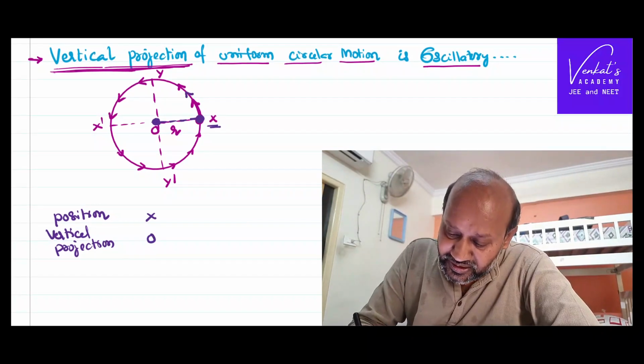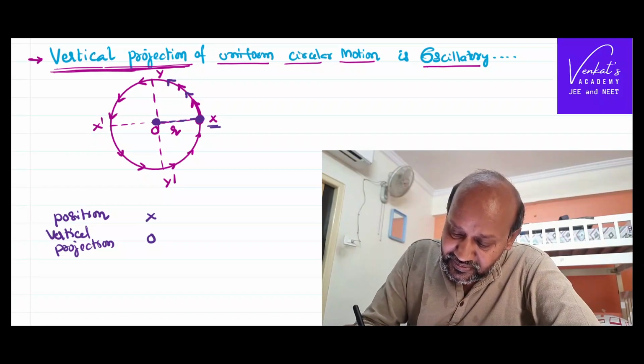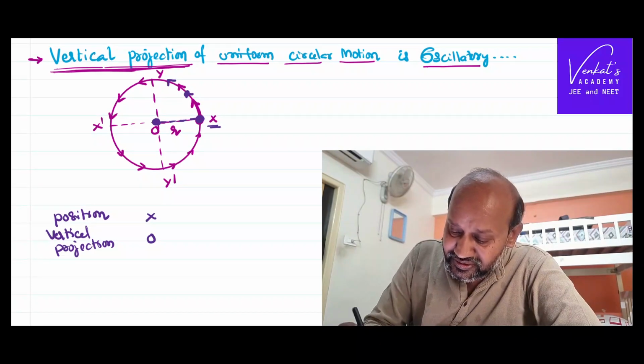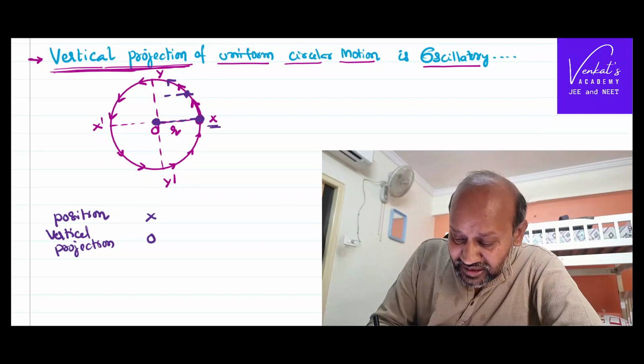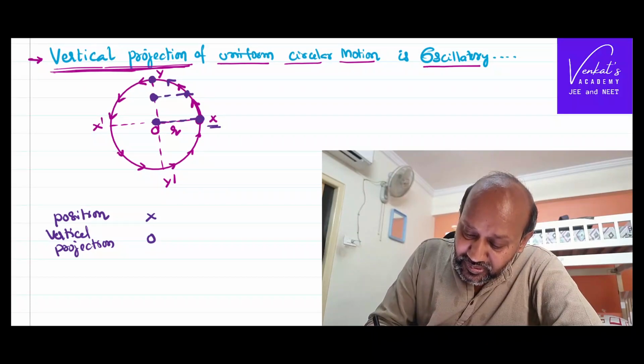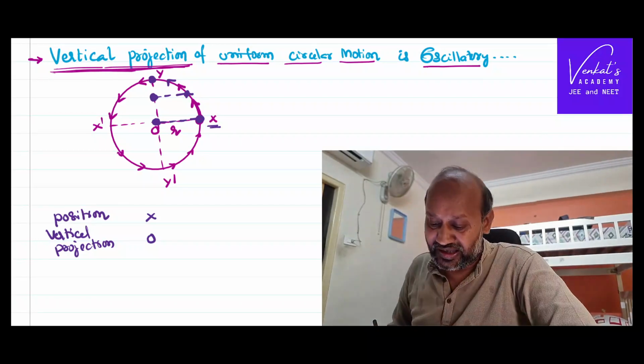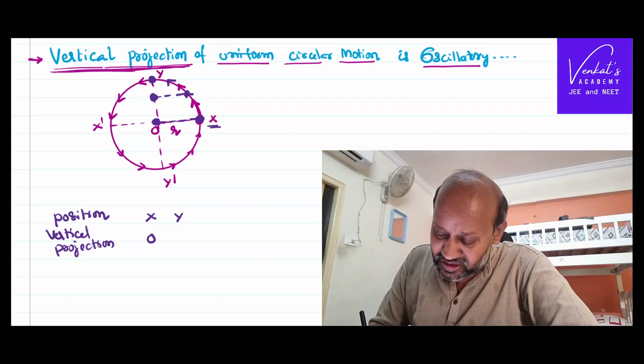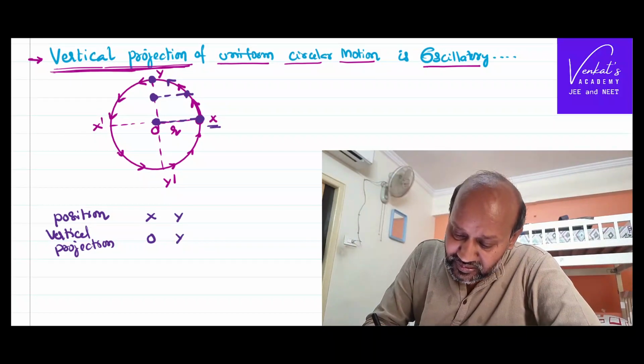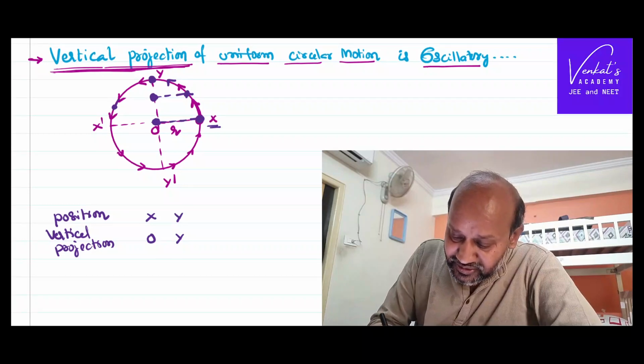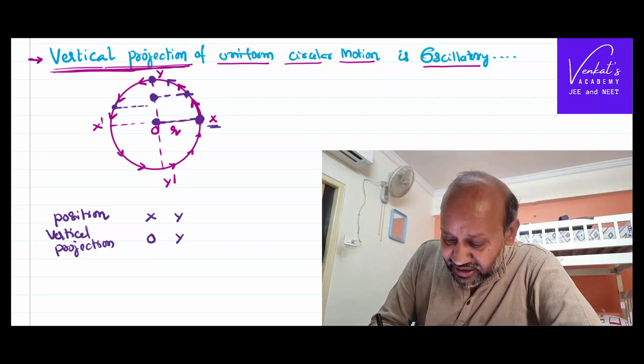Now you slowly rotate this way. You come to a particular point. How do you draw a vertical projection? Like this. Now you come to the point Y. That itself is a vertical projection because point Y is on the y-axis. Now we'll slowly come to somewhere here. Here the vertical projection means you have to draw a line onto the y-axis.